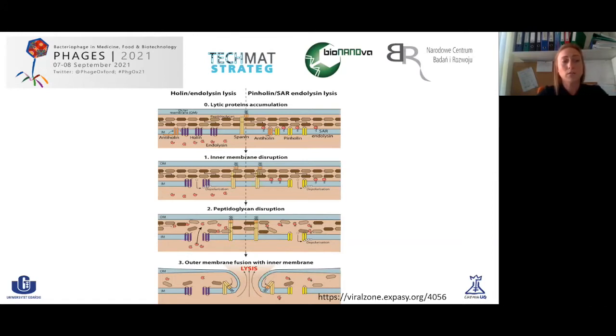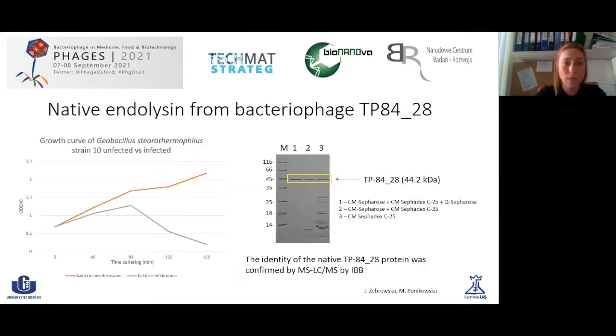Endolysin remains inactive until it folds properly after complete release from the cell's membrane. The release from the cells is necessary for bacteriophage progeny to infect the next bacteria. The main barrier to overcome is the peptidoglycan layer.